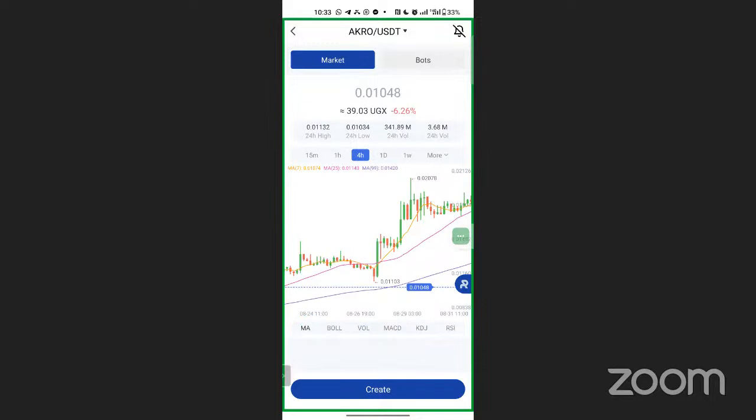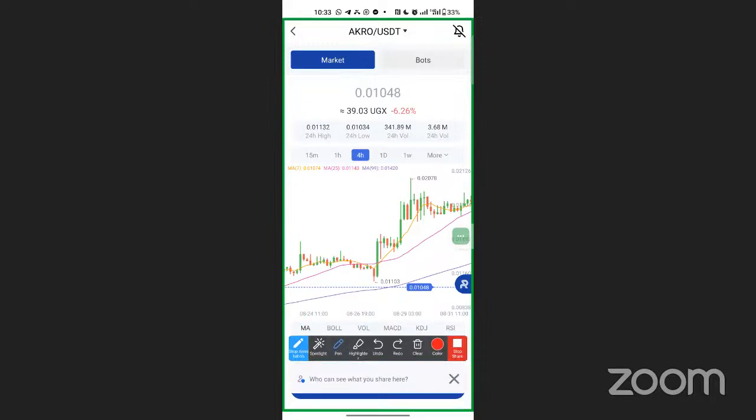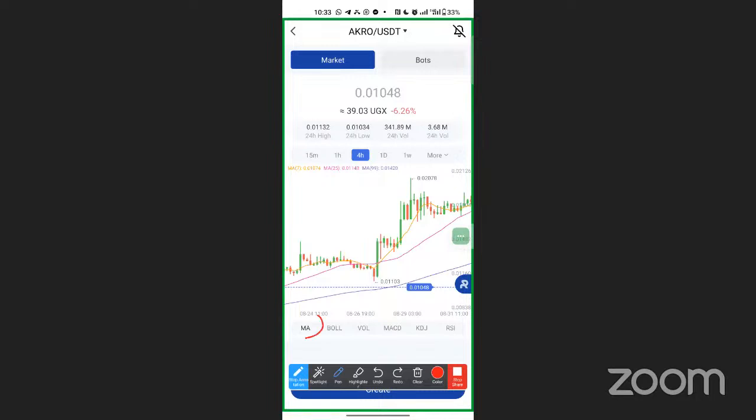Click on the indicator called the moving average, a small moving average, in this example it is a 7, the orange one. It has crossed a big moving average, which is 25, which is here. It has crossed above like this, that crossover.